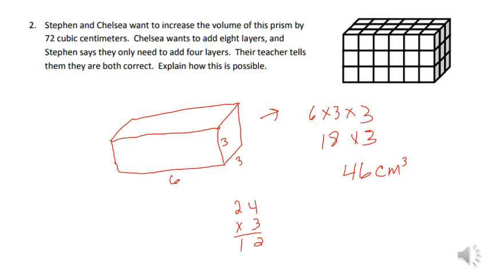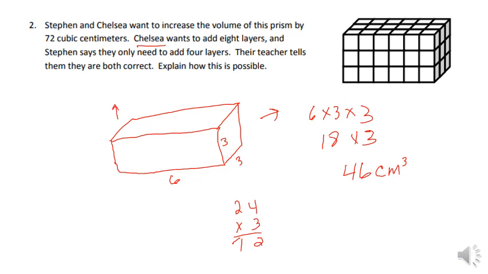So if Chelsea adds 3 layers going that way, they would get the 72 they're looking for. So Chelsea's correct.